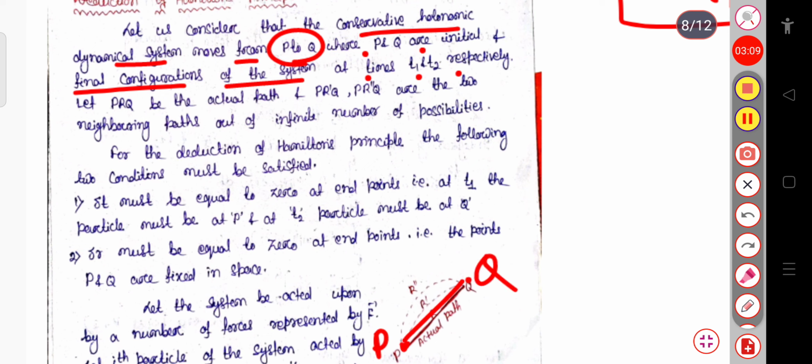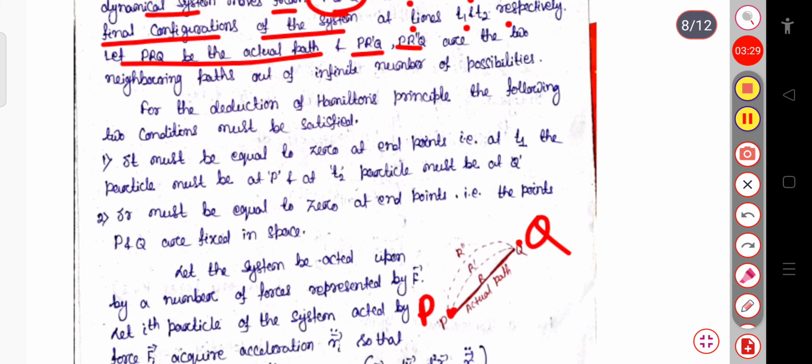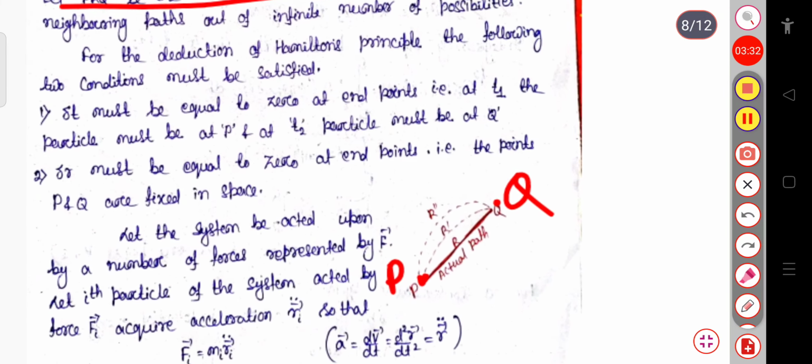This is your actual path and these are the different paths. Here PQ bar is the actual path, and PR'Q and PR''Q are the two neighboring paths out of the infinite number of possibilities.